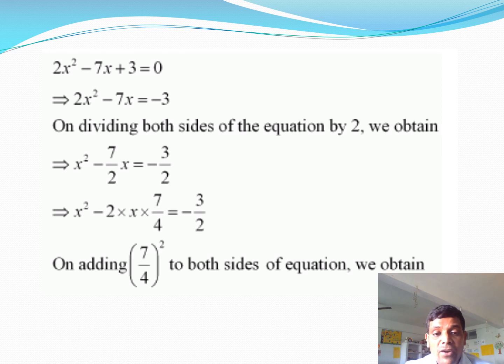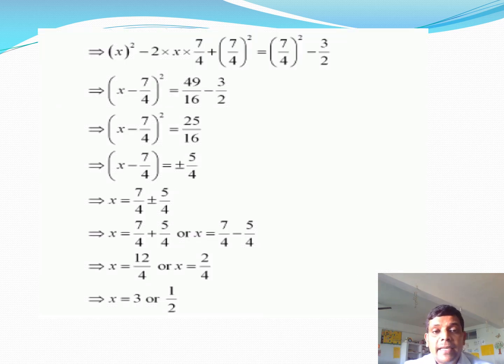On adding 7 by 4 whole square to both sides of the equation, we get x square minus 2ab plus b square, meaning 7 by 4 whole square, equals 7 by 4 whole square minus 3 by 2.